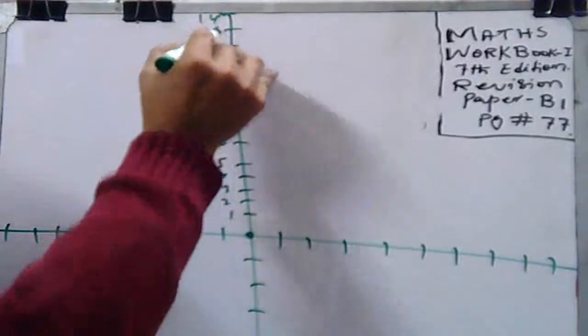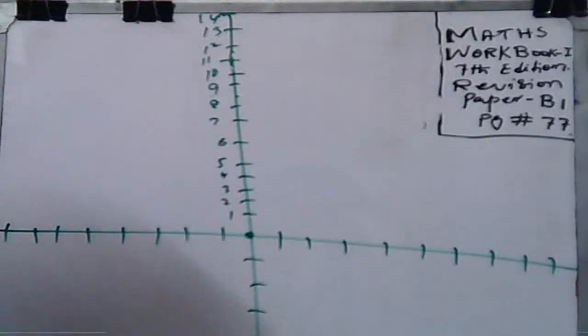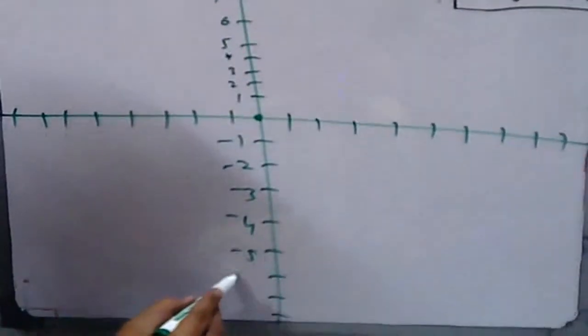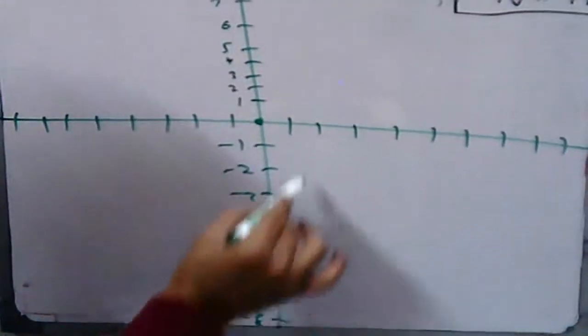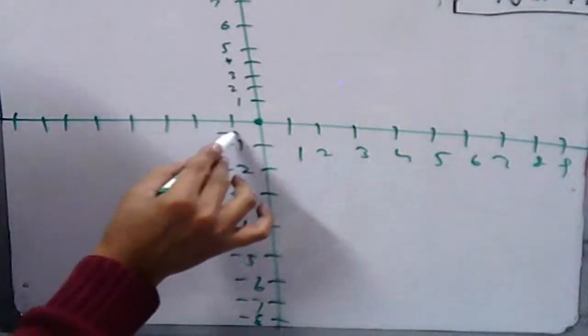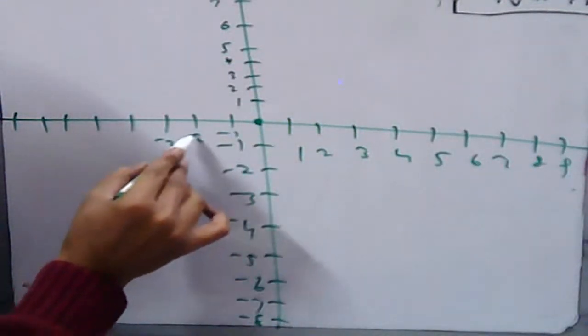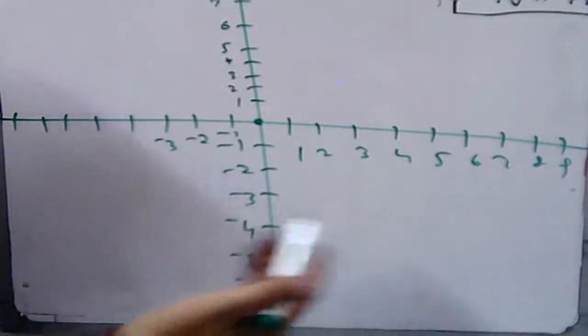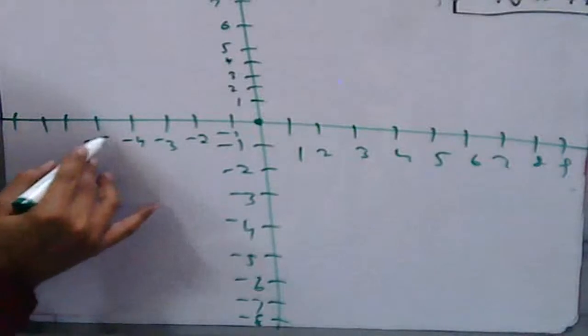Similarly, in minus, we count -1, -2, -3, up to -8 and -9. Similarly, you have to see the values in your graph, that is how much you need for the maximum and minimum value.